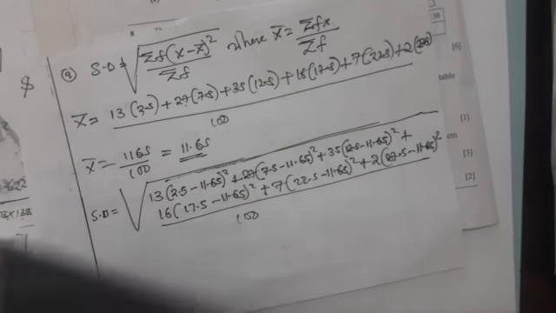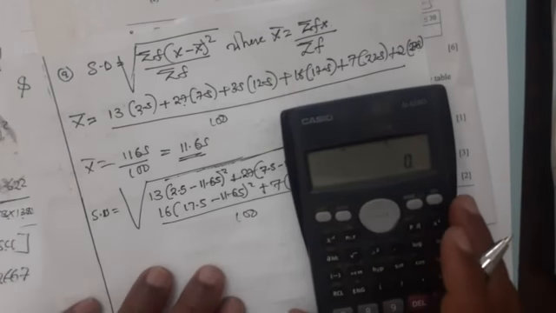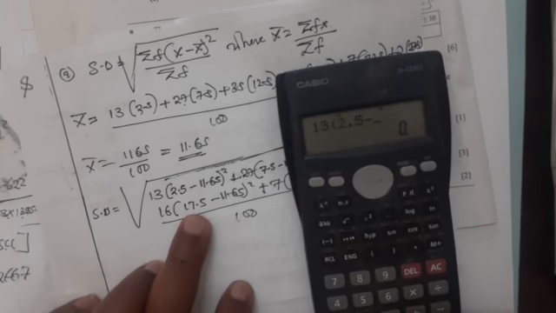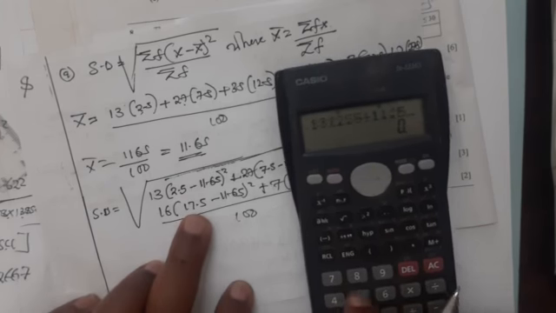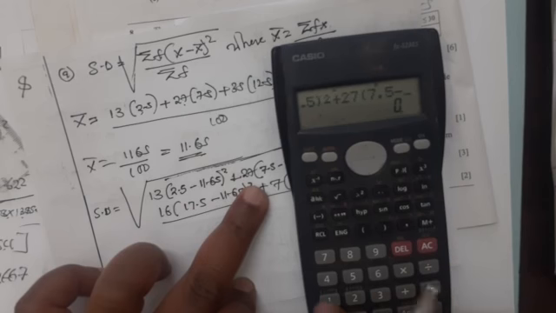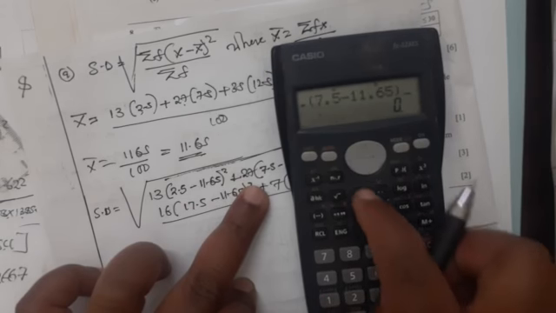Alright, so you get a calculator here and you add. Okay, so you have 13, 2.5 minus 11.65, close, power 2, plus 27, open the bracket, 7.5 minus 11.65, close, power 2.